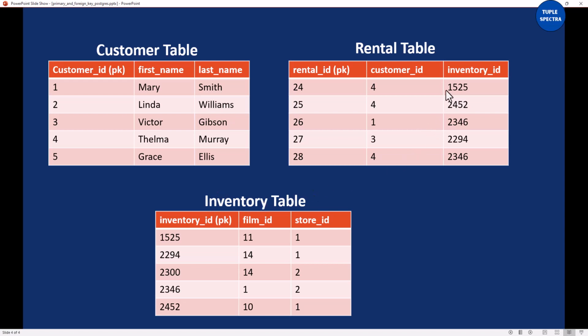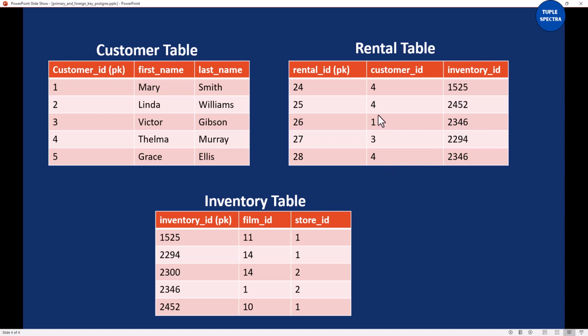Okay, and that is why if you look at this inventory ID in this rental table, you can see that these IDs are repeatable. You can see that we have 2, 3, 4, 6, 2, 3, 4, 6, right? So that means that this customer ID 1 and customer ID 4, they both rented films or movies in the same inventory.